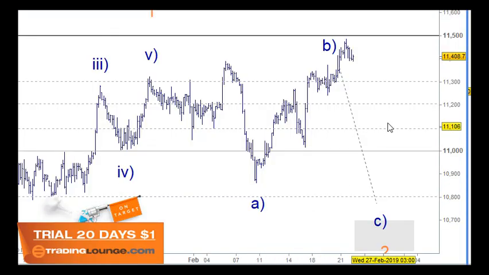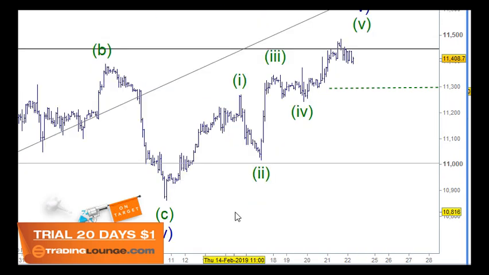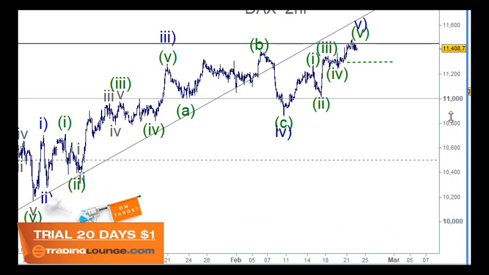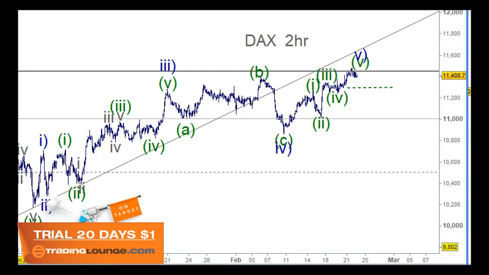So let's just have a look at the 4-hour chart. It's not the one I'm looking for, so the 2-hour chart. So yeah, this would be in line with the other markets. I kind of like it in wave 1 and wave 2 here, all the way up for 3 here, an A wave here, a B wave here, and a C wave here.